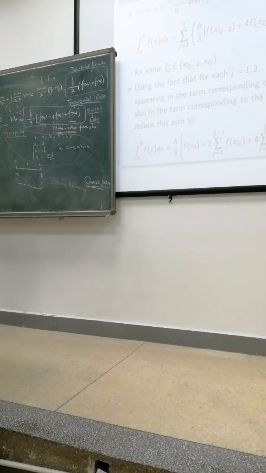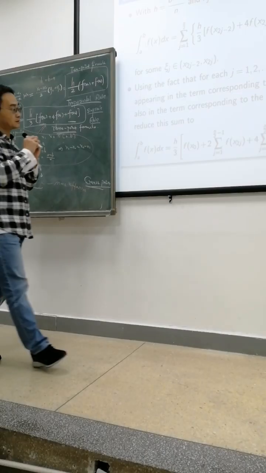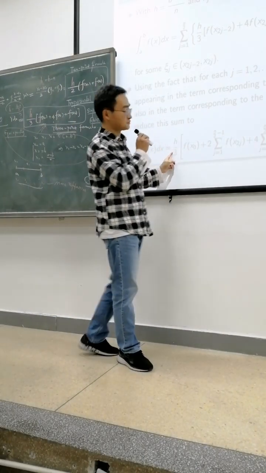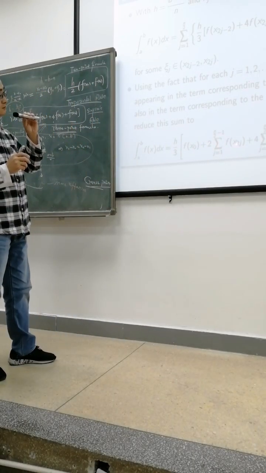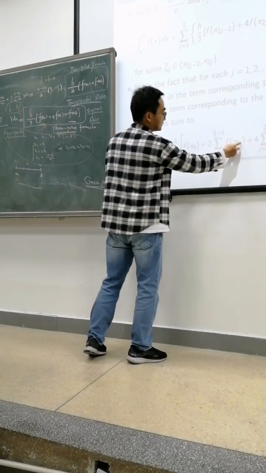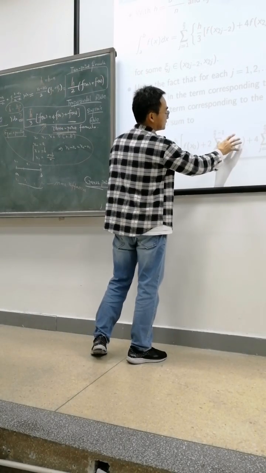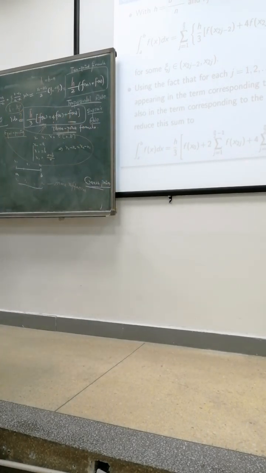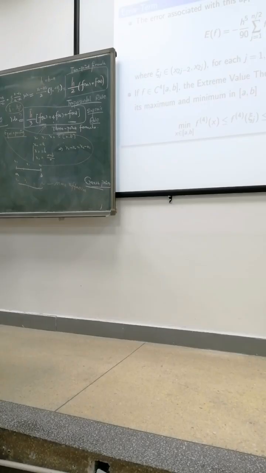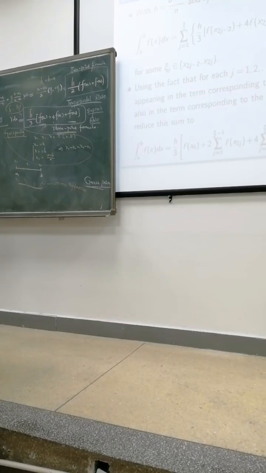Oh, this is 3 because we partition this thing. Here should be 6, not 3. Right? Should be 6, not 3. The notation for this one, we use this kind of notation sometimes not clear. I think this kind of notation is more clear.